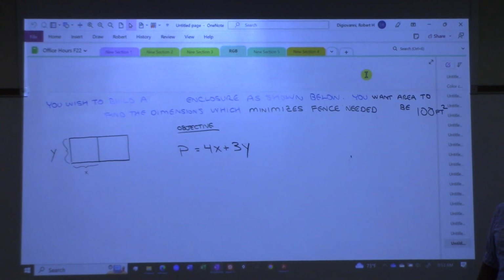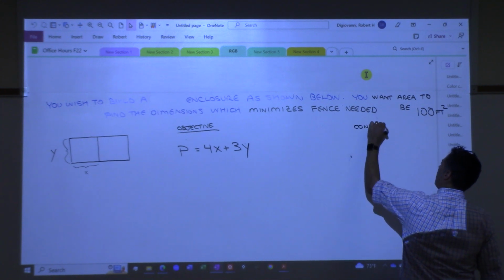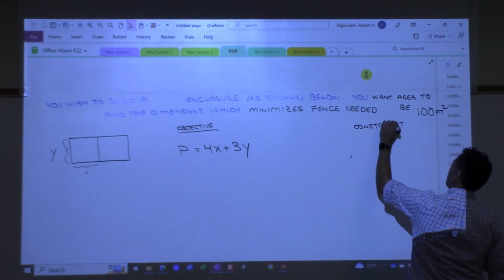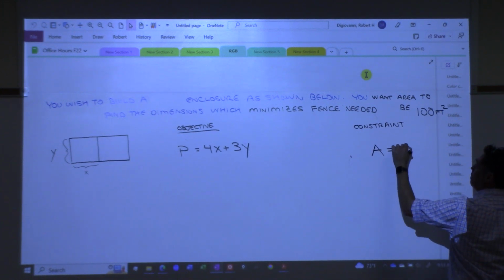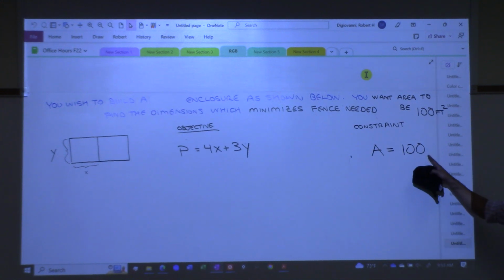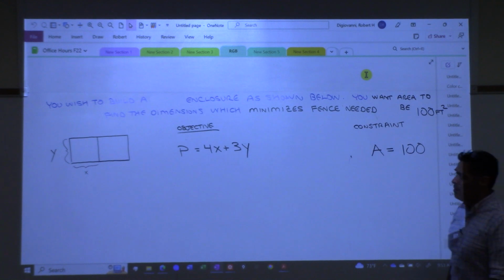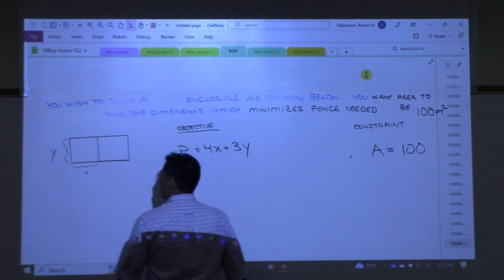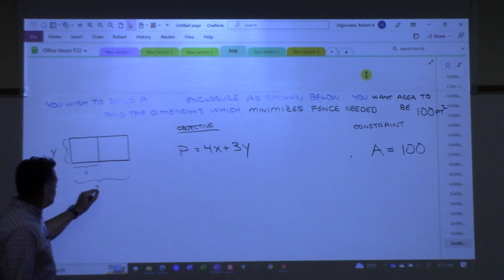What's the constraint? Do we have a constraint? Like, can x and y be anything we want? No, we have to live within the constraint of the problem. What is the constraint of the problem? That the area must be what? 100, right? The area has to be 100. That's the constraint. What is the area of that object over there? Be careful here. Well, how long is this side? 2x, right?